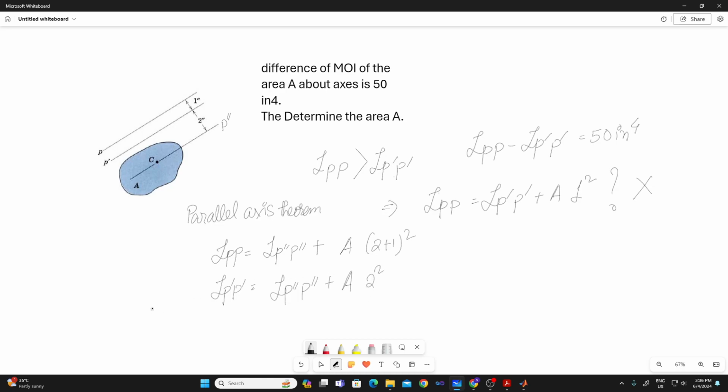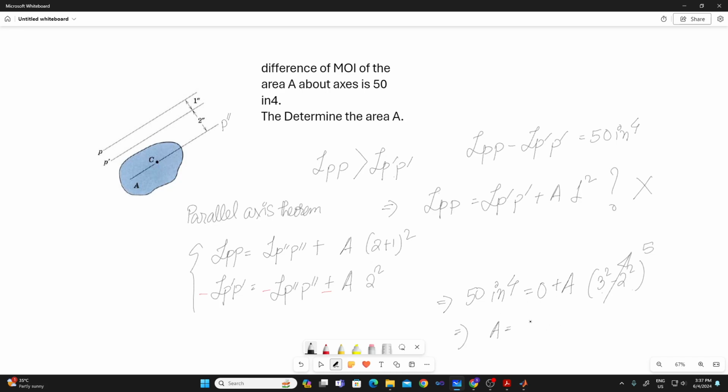Now if I subtract these two, then this is what we are going to get: 50 inch to the power 4, the difference between these two, and these two will cancel out, so 0 equals A times 3 squared minus 2 squared, or in other words, A equals 50 divided by 3 squared minus 2 squared. 9 minus 4 is actually 5.